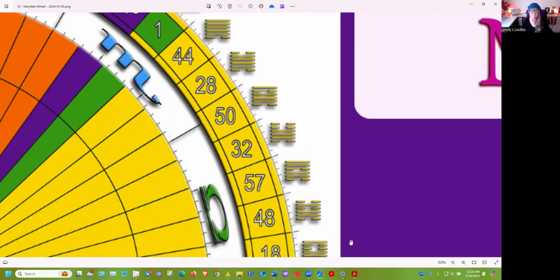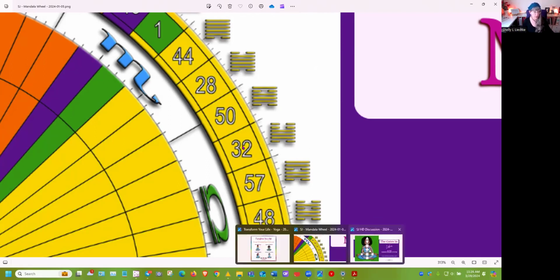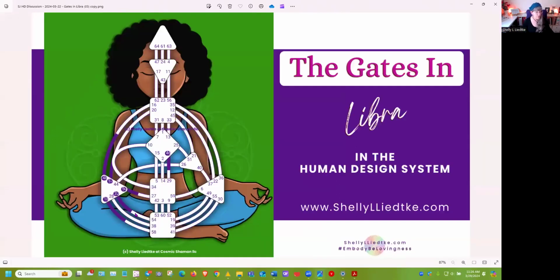And let me come to our little gal here on her body graph. So you can see gate 32 is on the lower right side of the spleen center here and connects in the channel with the gate 54, the gate of ambition. So this is bringing your dreams alive on all levels of being, material, spiritual, mental.